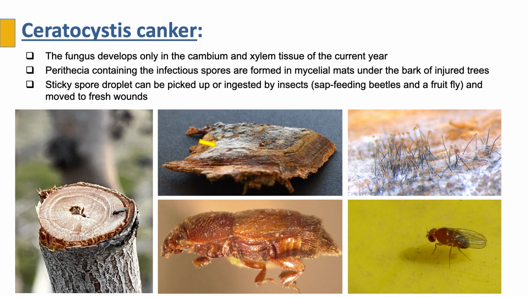Drosophila flies and bark beetles move around these fruiting bodies occurring at infected sites. They collect the spores and move them to fresh pruning cuts. Here is an illustration of an insect on a fresh pruning cut. We just conducted a trial at Kearney a few weeks ago, and as soon as we prune, we see those bugs moving, probably to suck up some sap near pruning wounds, and that leads to infections.